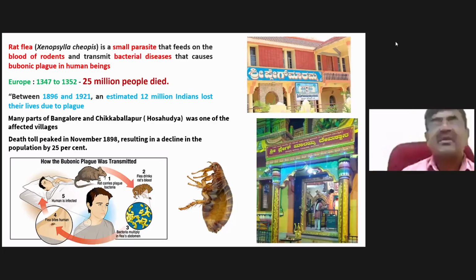Even in some places they have built marriage choultries in the name of Plague Marama. So this was the deadliest disease in earlier days. Among the insects, mosquitoes and rat fleas are the most dangerous insects that transmit diseases.